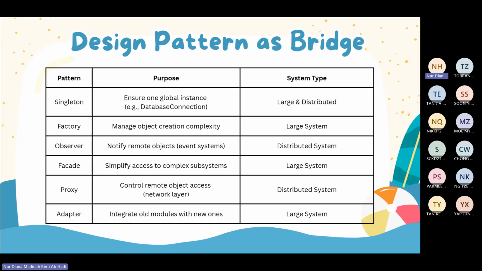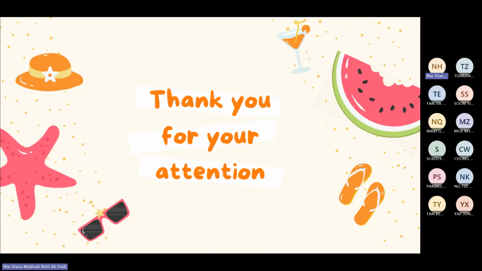You have your factory, where you can manage your object creation complexity. You have your observer, your facade, your proxy, and also your adapter. All of these design patterns act as a bridge for each of the systems that you have learned previously. Their usage would be different. So that's all for the last week's chapters.